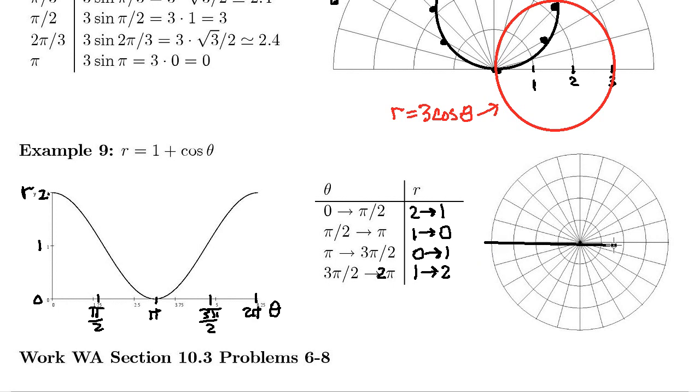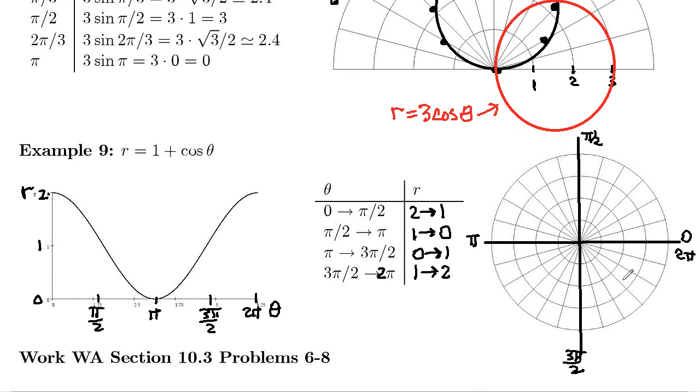So let's put our x and y axis on the grid here. And then remember pi over 2 up here. And then this is pi over 2, pi, 3 pi over 2, and 0, which is also 2 pi.